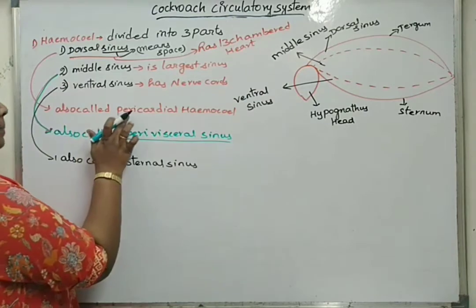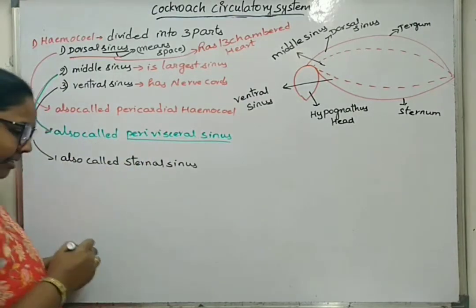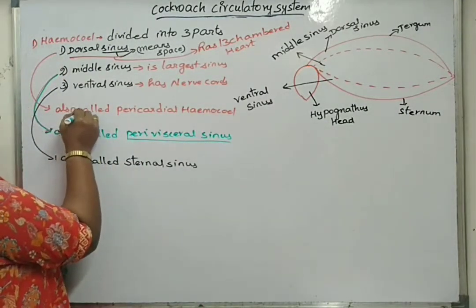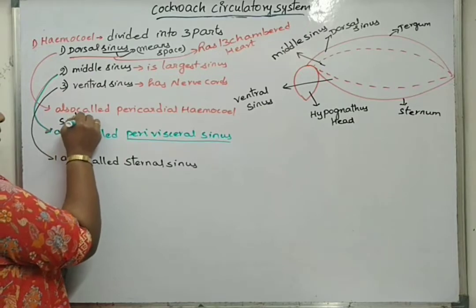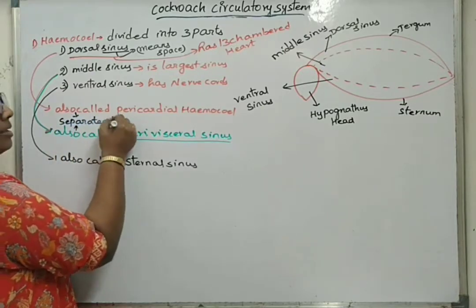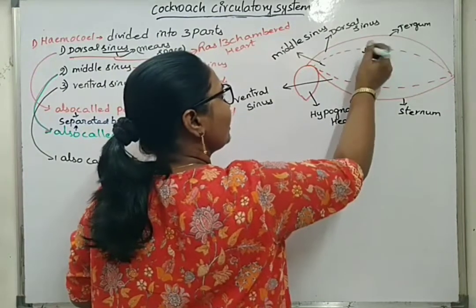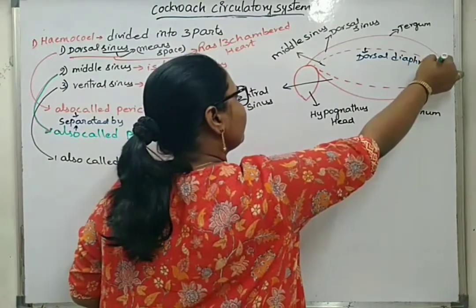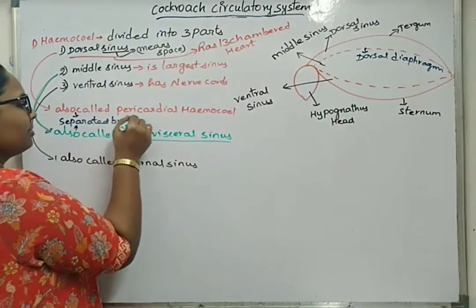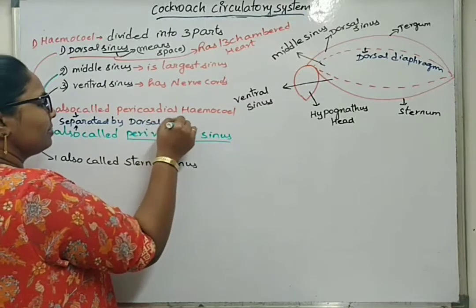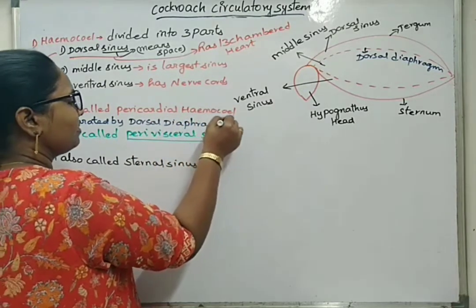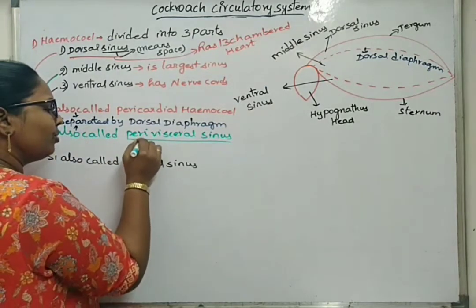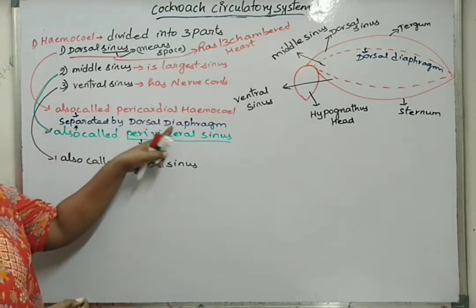Now, the pericardial sinus and perivisceral sinus are separated by the dorsal diaphragm. This is the dorsal diaphragm. The perivisceral sinus and sternal sinus are both separated by the ventral diaphragm.